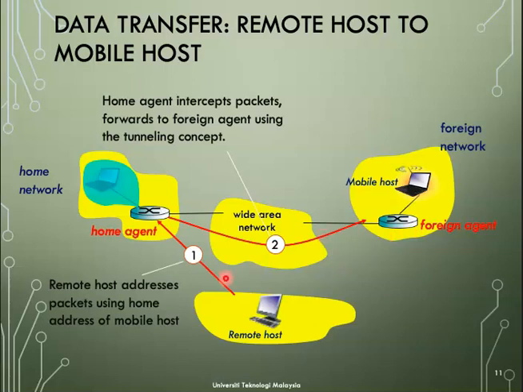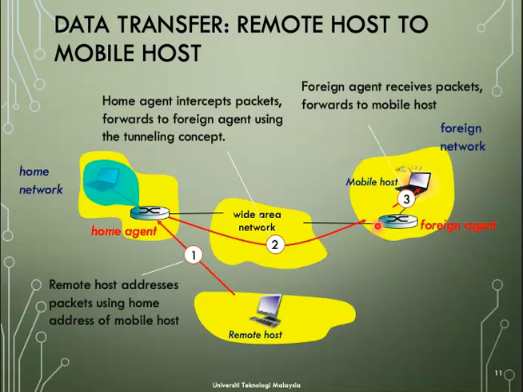When the encapsulated packet arrives at the care-of address, the outer IP header will be removed to reveal the original packet. Then, once the foreign agent receives the packet, it will forward the packet to the mobile host.